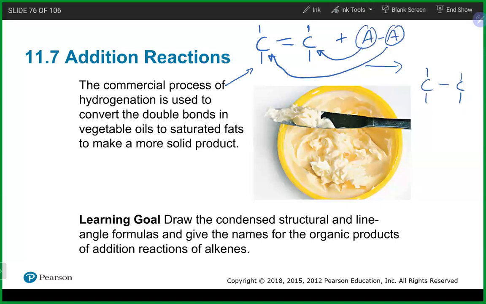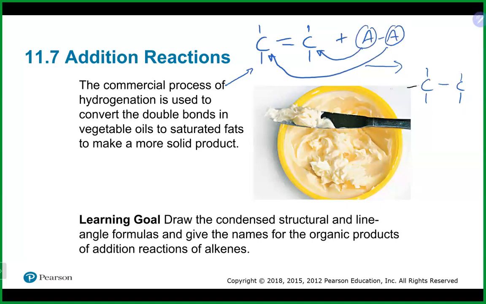And we will put an A here in my example and an A here. So when you do an addition reaction with an alkene, you basically turn the double bond into a single bond, one thing goes to one carbon and one goes to the other carbon, and nothing else changes. Everything else stays the same.